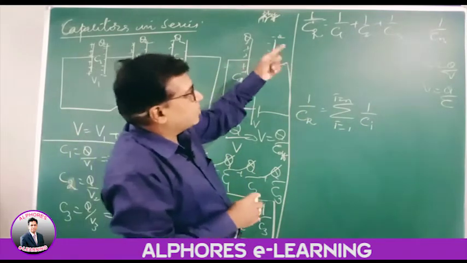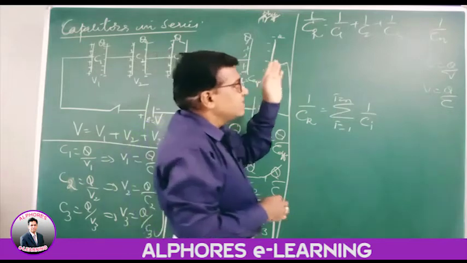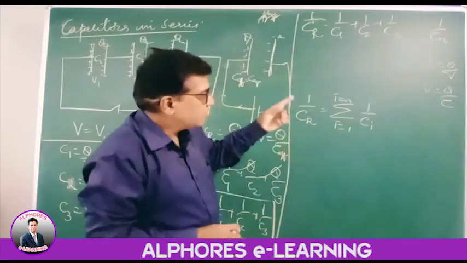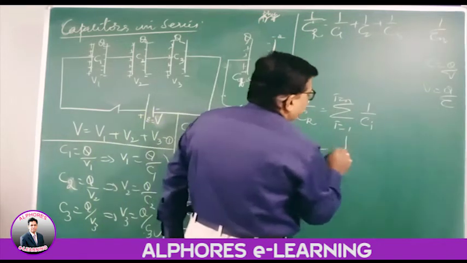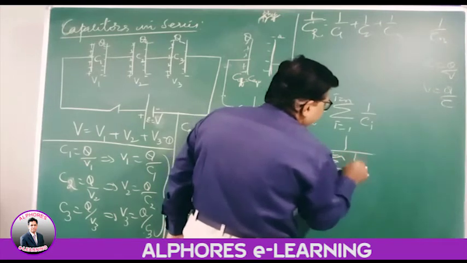The inverse of the resultant capacity is equal to the sum of the reciprocals of the individual capacitances. So 1 by Cr is this, or Cr is equal to 1 by the sum from i equals 1 to n of 1 by Ci.